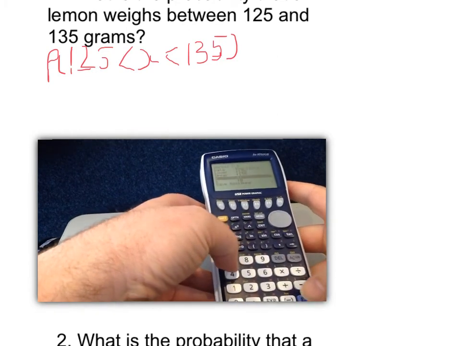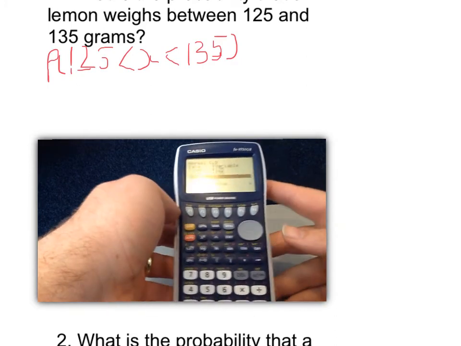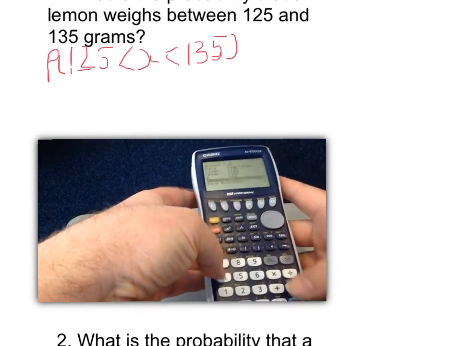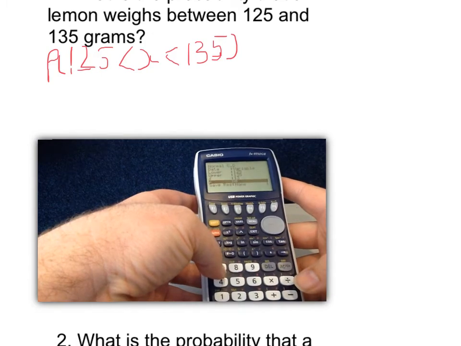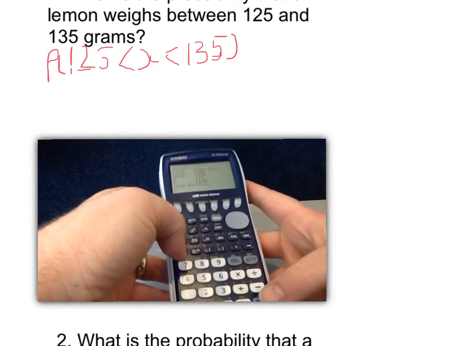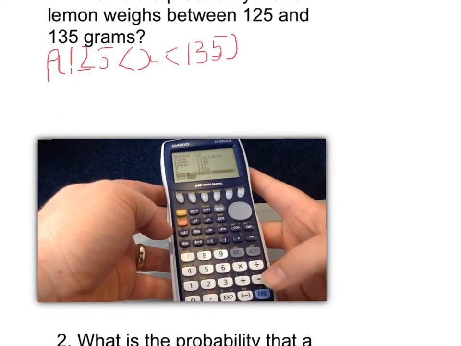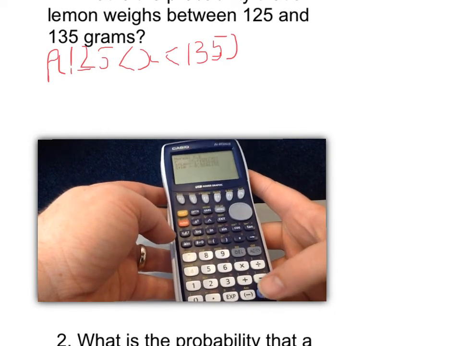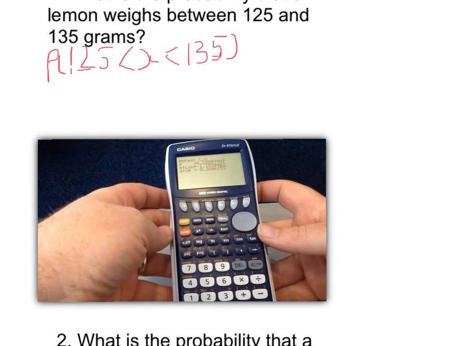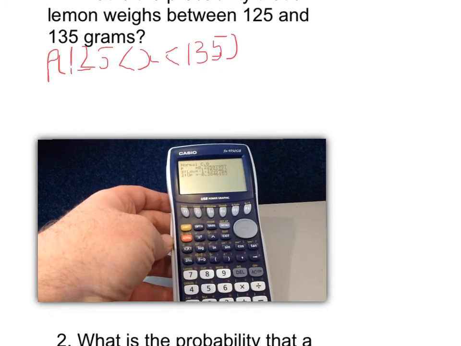Now this symbol here, the sigma, is the standard deviation, so in this case it's 13, and the mu, which is that symbol there, is 140. Once we put that in, we push execute, and we get our answer. So the probability is 0.22597, or in this case we're going to write 0.226.